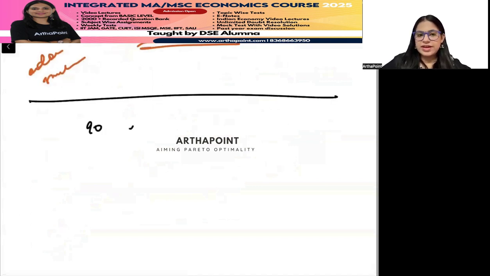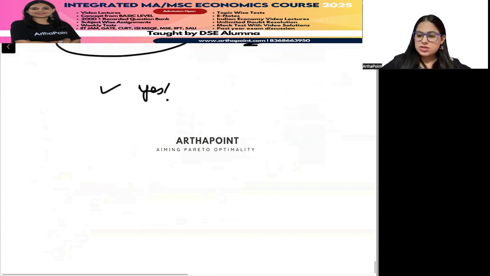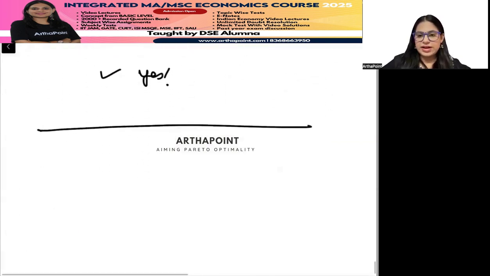You were given 90 minutes to solve a 100 marks paper, and there was negative marking involved. The cutoff was different for different categories.